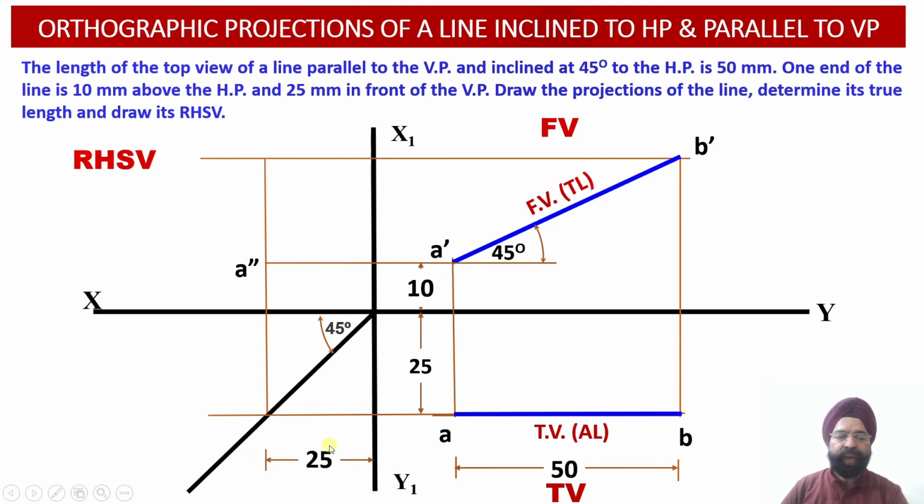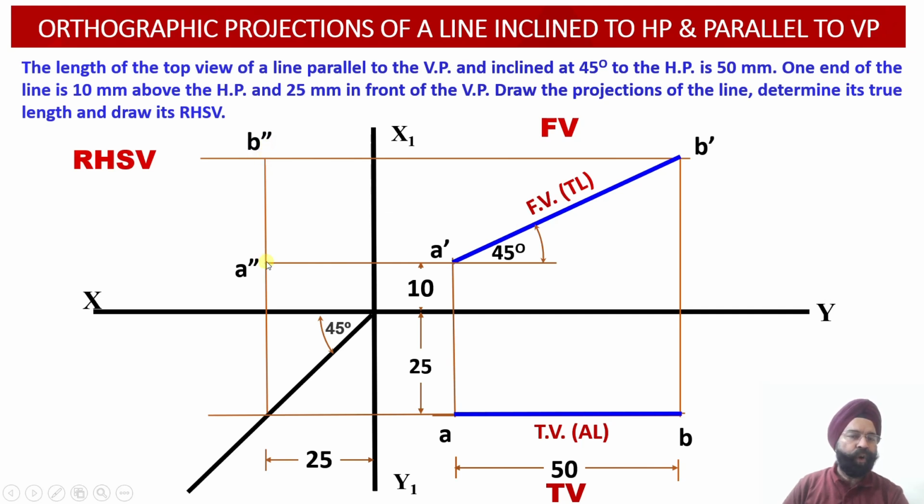Now this is 25 millimeter in front of the vertical plane. From this point, again a vertical projector line is extended till it intersects with the horizontal projection line which we had drawn earlier, extending from the point B dash of the elevation. So the intersection of these two projection lines provides us with the location of the point B double dash.